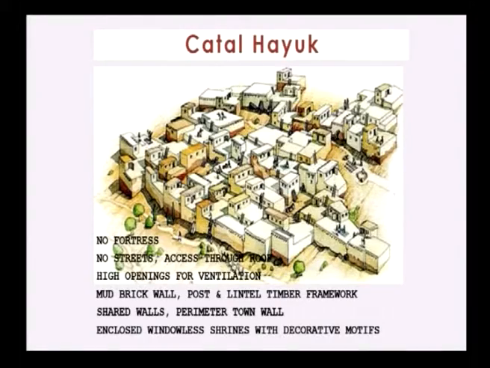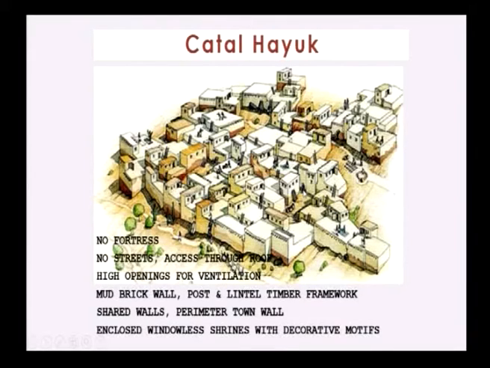Interspersed with these dwellings were shrines, which were not provided with any windows and were decorated with motifs of bulls and cult statues. Çatalhöyük is the precursor for more sophisticated communities that developed in the fertile valleys of the Tigris and Euphrates rivers at the beginning of the 4th millennium.